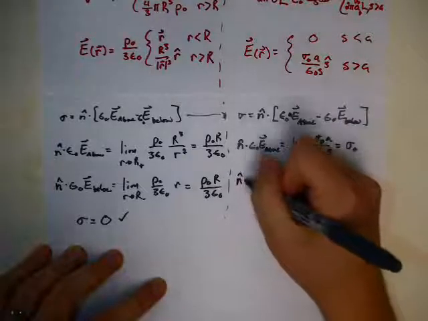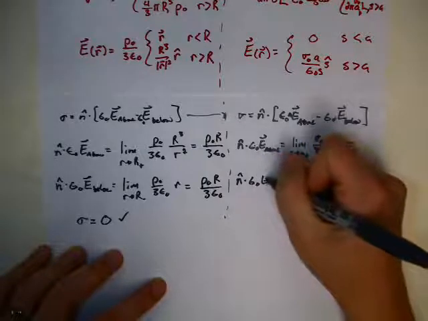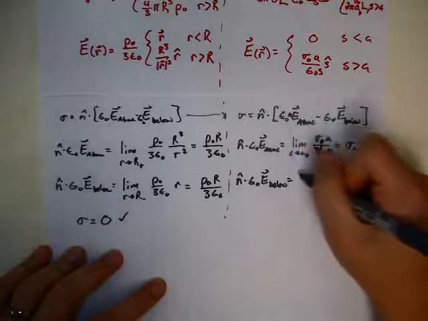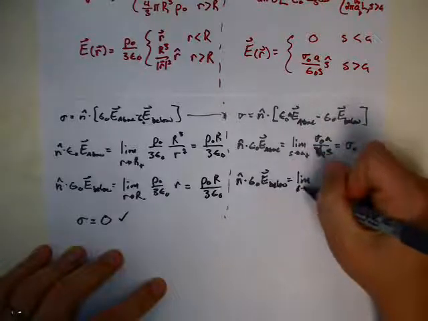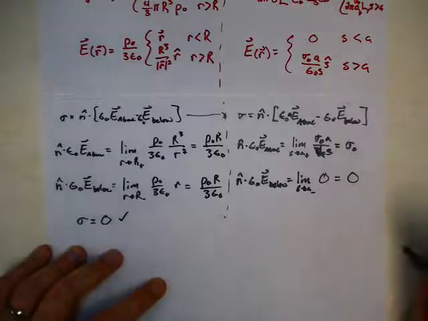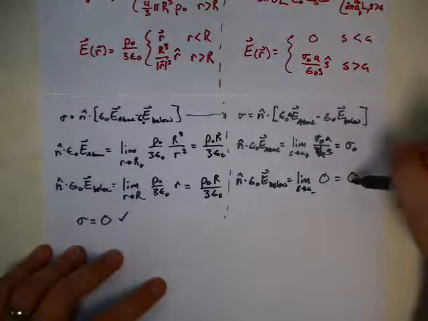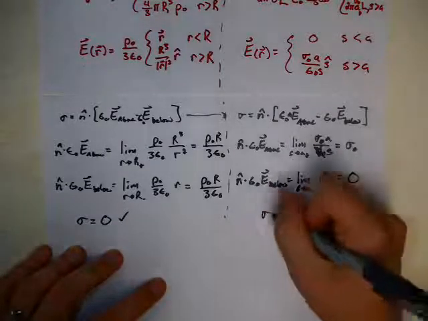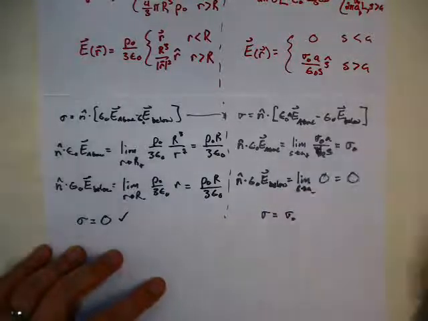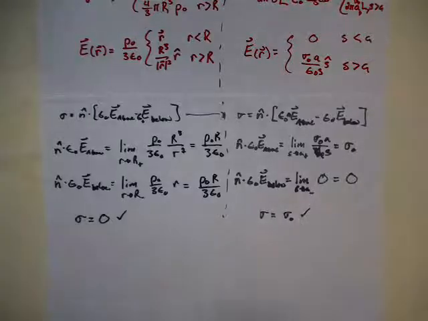And n hat dot epsilon naught E below is going to be the limit as s goes to a from below of 0, which of course is going to be 0. So this minus this is just sigma naught, and so it says that the charge density on the surface is equal to the charge density we gave it, which is exactly what we expect to find.